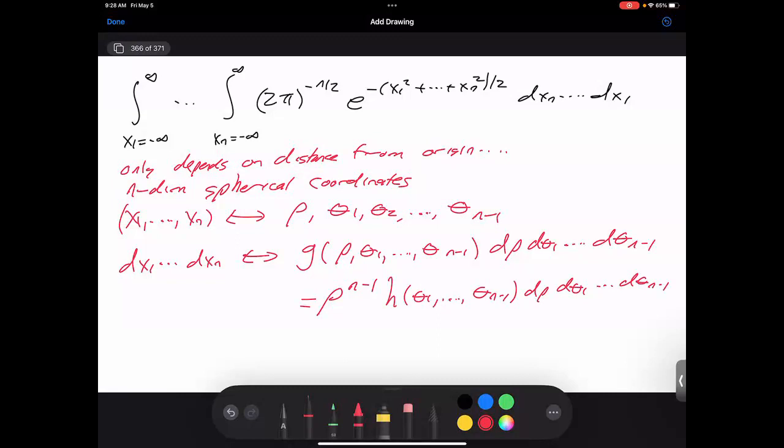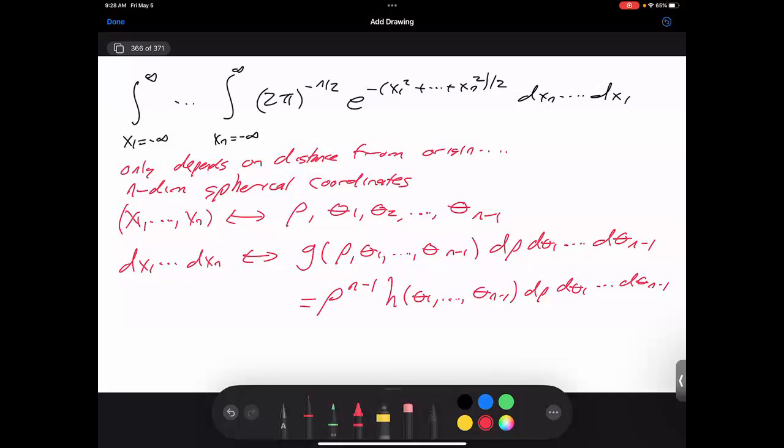If you think back to what we did in polar, we had dx dy became r dr d theta. h was just identically 1 in polar. In spherical, it was sine of phi. I don't know what it is in n-dimensional spherical.